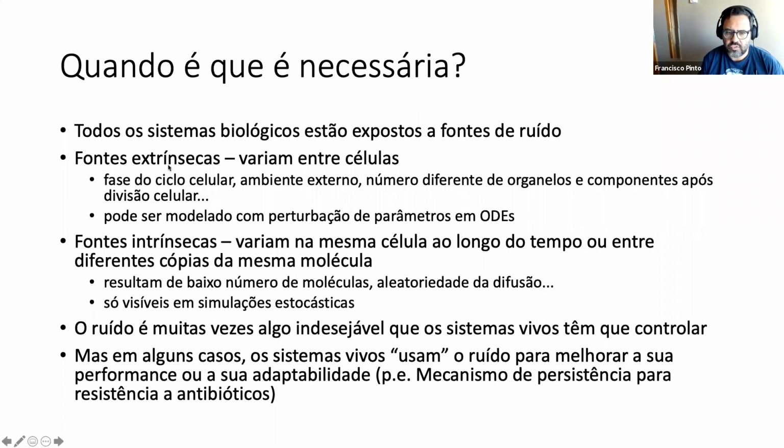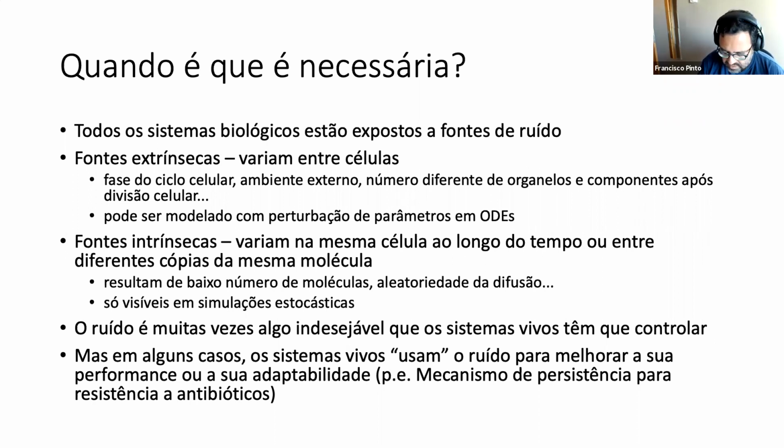So the extrinsic sources of noise are stochasticity that arises between different cells. Of course, there are biological processes that involve the communication between different cells. But if we are thinking for now of processes that occur within cells, there are some processes that are different from cell to cell.